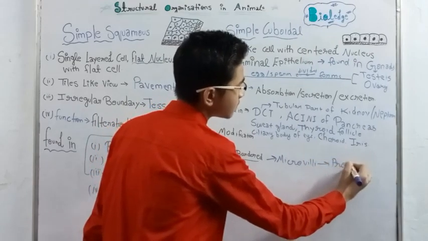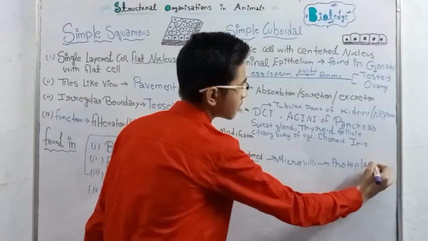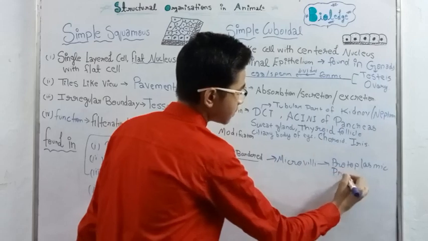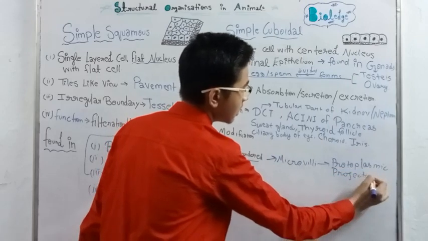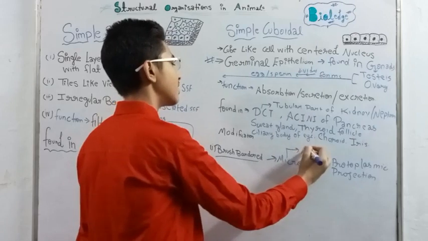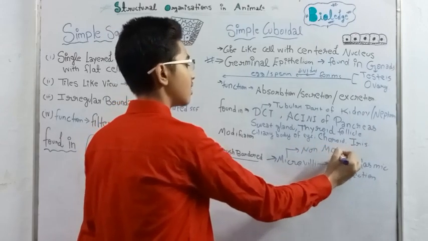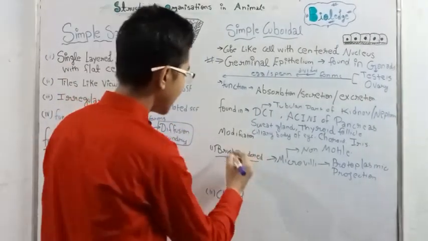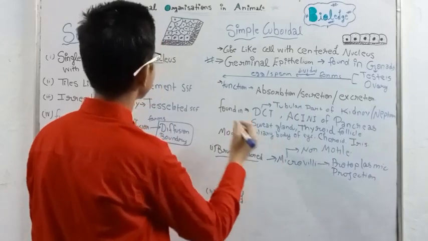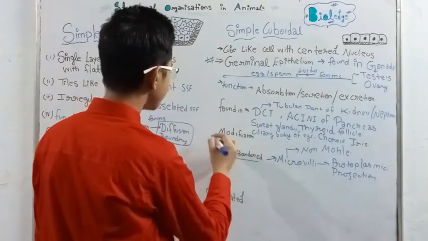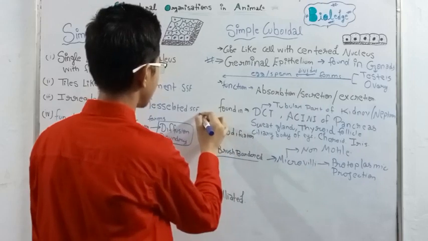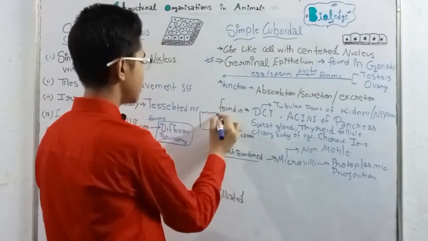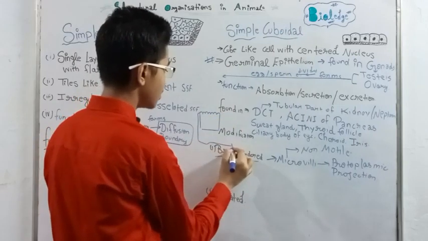Protoplasmic projections, and basically they are non-motile, meaning there is no scope of movement in them. So their shape could be like that. We can draw the shape of the brush bordered epithelium here. So this is basically called the brush border or the microvilli.